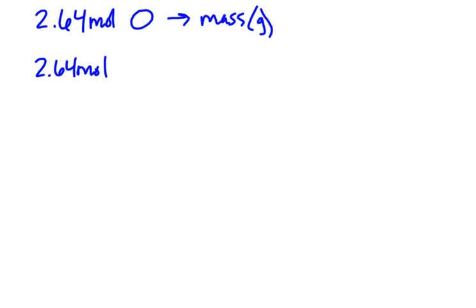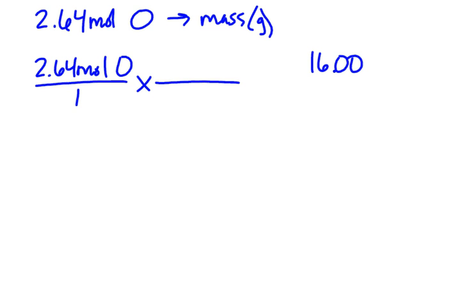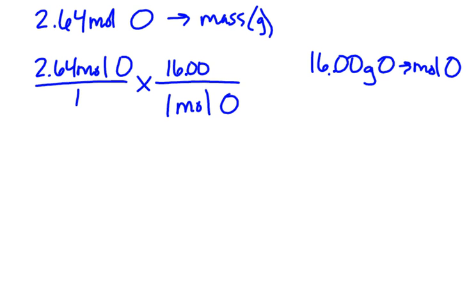2.64 moles of O over 1, and then I know, according to the periodic table, that there are 16.00 grams of O for every mole of O. So 1 mole of O is 16.00 grams O. My moles cancel out. I'm left with grams of O, which is what I'm looking for.